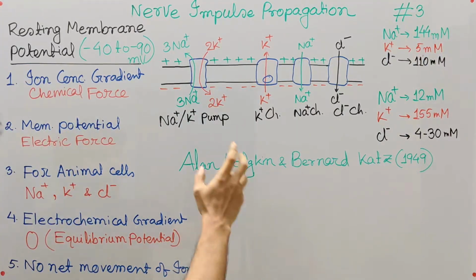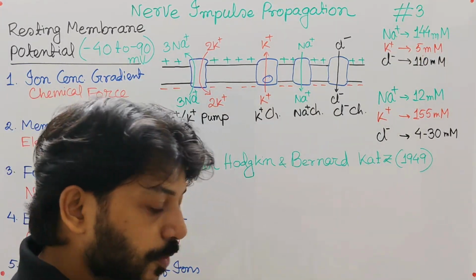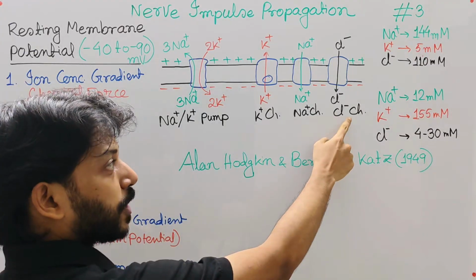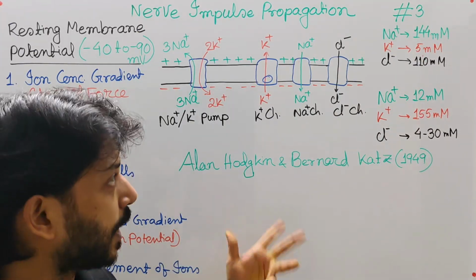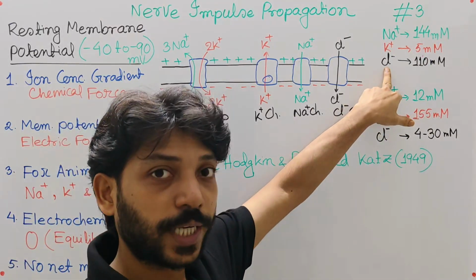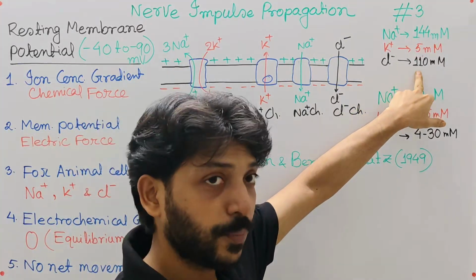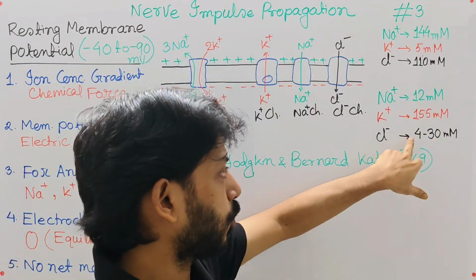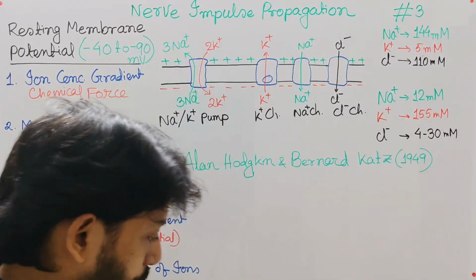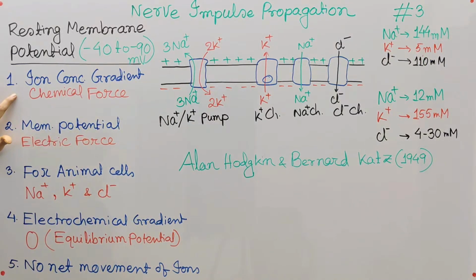So there is another ATP driven pump that creates the concentration gradient of chlorine. In vertebrates, the outside concentration of chlorine is 110 millimolar, higher than inside chlorine, which is 4 to 30 millimolar. Now this is the chemical force that helps in the movement of ions.